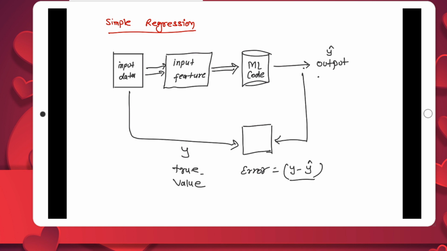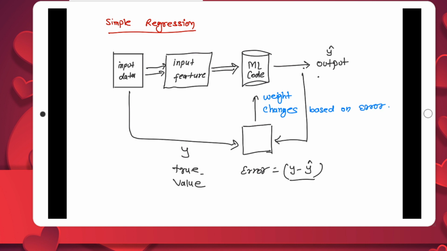The weight changes happen in this ML code. All right. So the weight changes based on error.